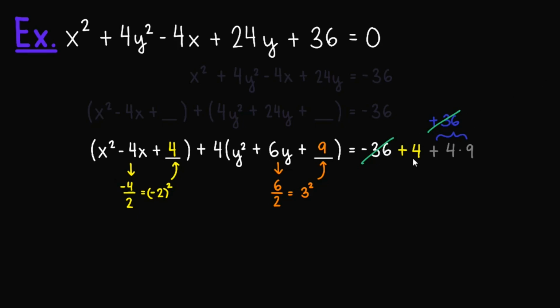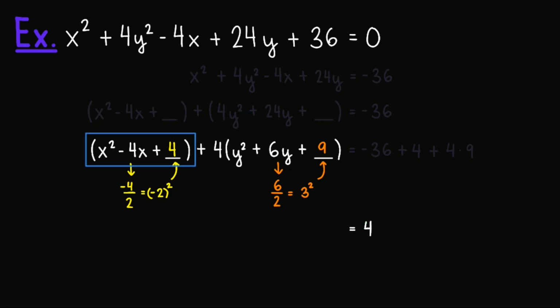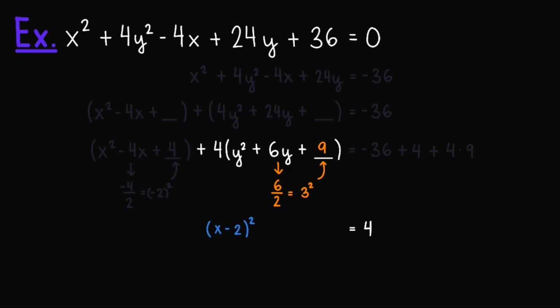So we'll be left with 4. And for the left hand side, this is equal to (x minus 2) squared, and this one is equal to 4 times (y plus 3) squared. So we'll obtain this. Now we are close to our desired outcome.